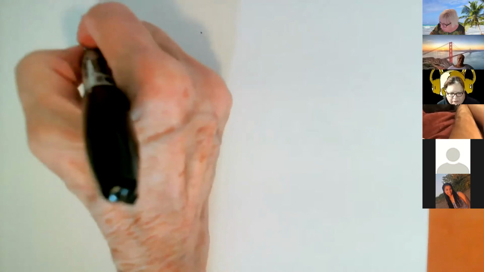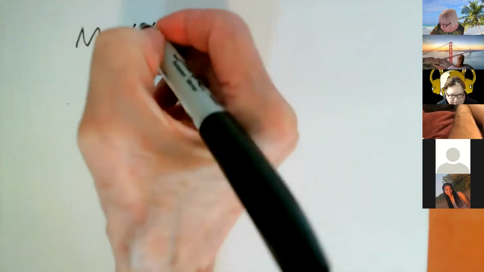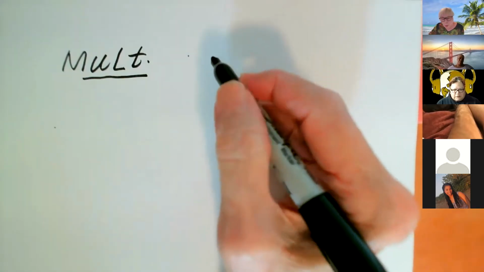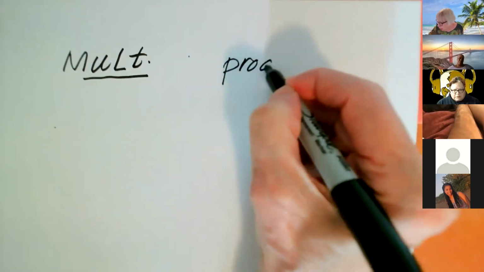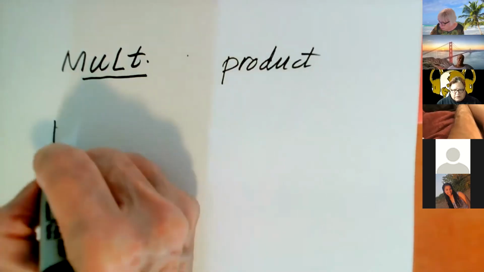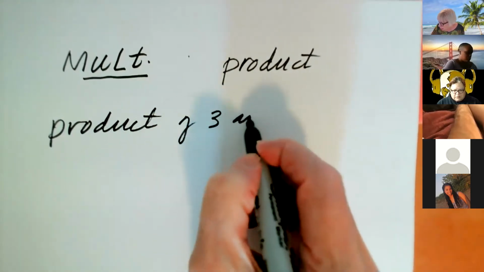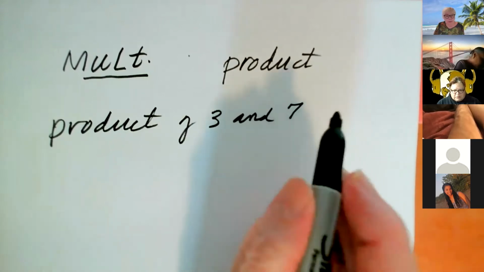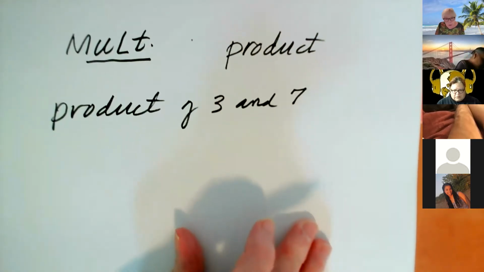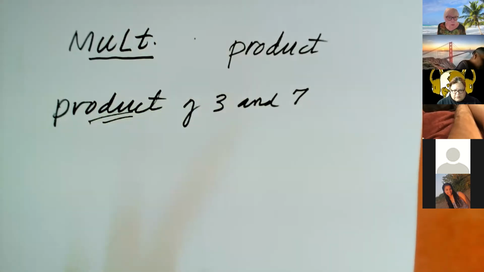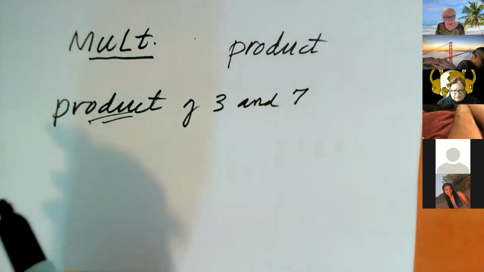I want to do multiplication, and this is the 4th section. If they want to use a word, they're going to use the word product. So find the product of 3 and 7. And you say, I'd be happy to if you just tell me what to do. And that told you what to do. Product is multiply.